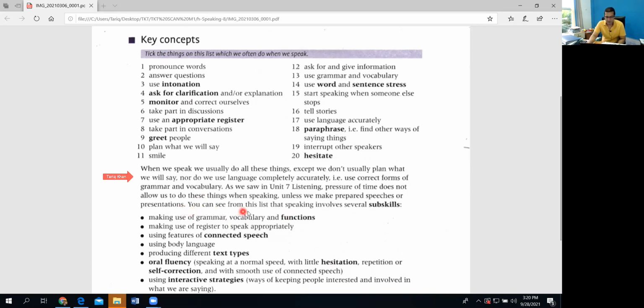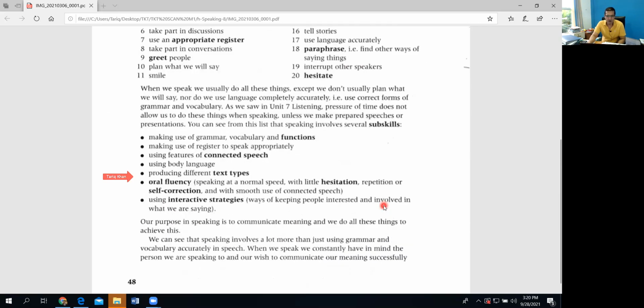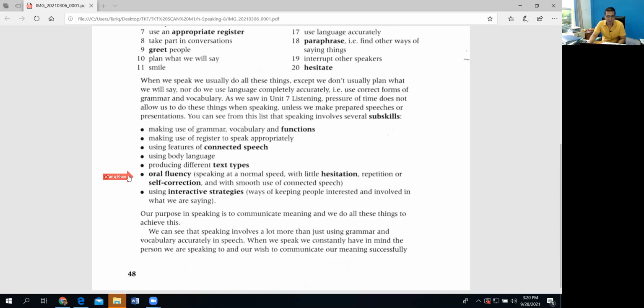You can see from this list that speaking involves several sub-skills. Now this is the point which you need to note down, sub-skills of speaking. Making use of grammar, vocabulary, and function. These three things we discussed in the beginning, grammar, vocabulary, and function, all these things are involved in speaking.